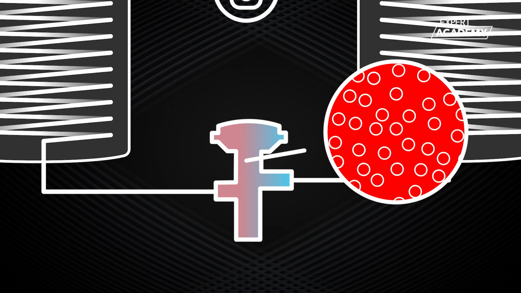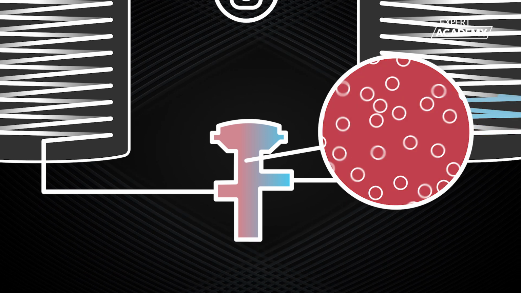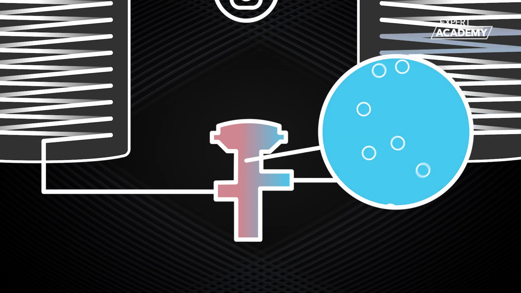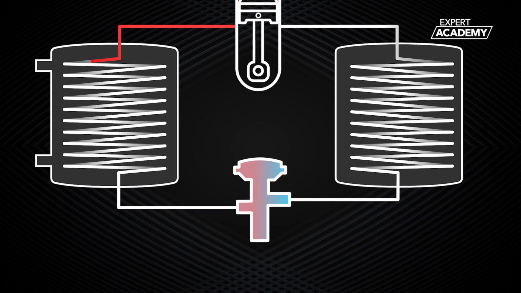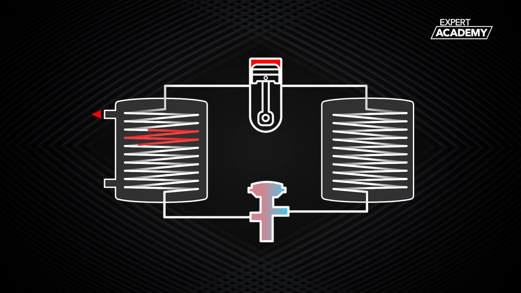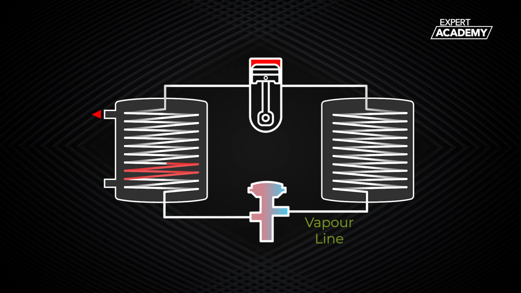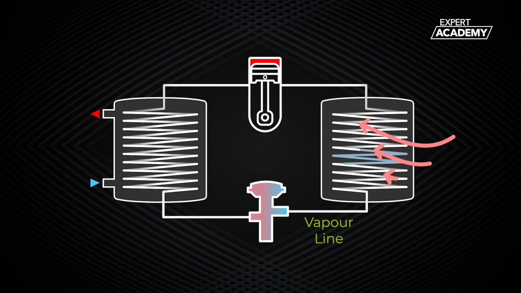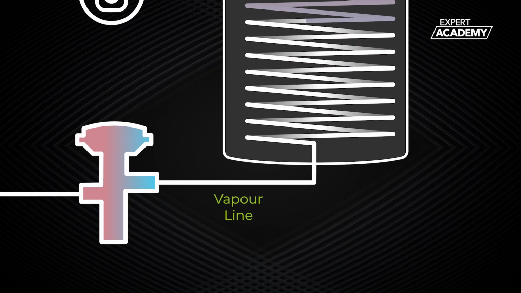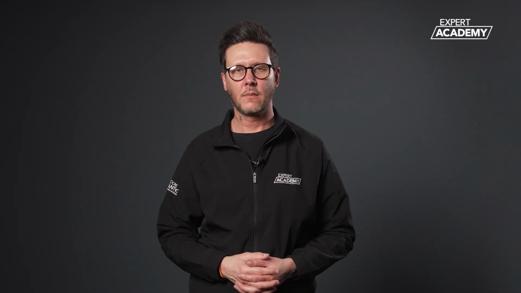The valve quickly allows for the expansion of the liquid, decreasing its pressure and significantly decreasing its temperature. This refrigerant is back to a very cold, low pressure state where it enters the evaporator via the vapour line to absorb the heat energy from the outside air. The vapour line connects the expansion valve to the evaporator.